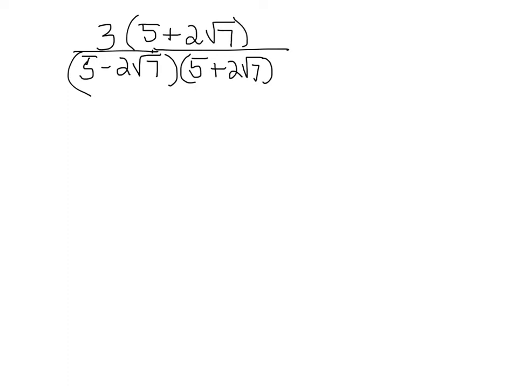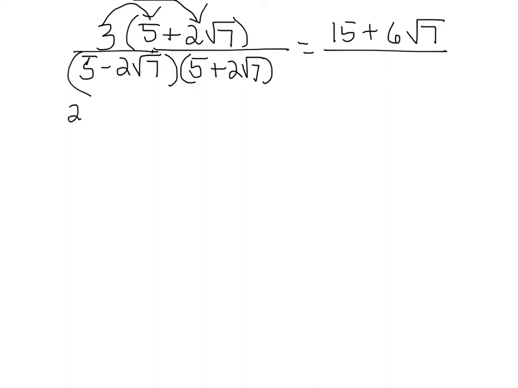So again, the math here is a little bit more complicated. We do the distributive property. 3 times 5 is 15. 3 times 2 root 7 is 6 root 7. And then in the bottom, when I do first, I have 25.